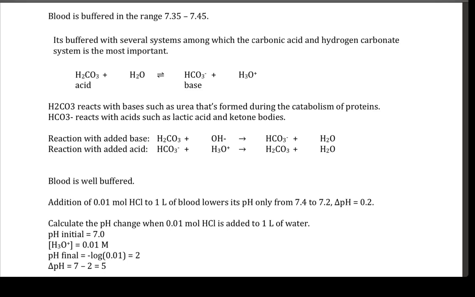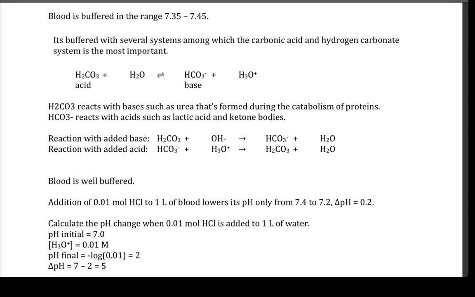So in that sense, our body can withstand small changes in added acid or added base. So blood is well buffered. The addition of 0.01 moles of HCl to 1 liter of blood lowers its pH only from 7.4 to 7.2.